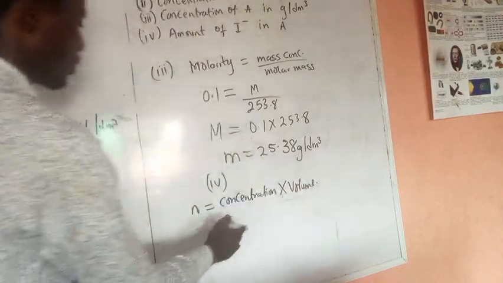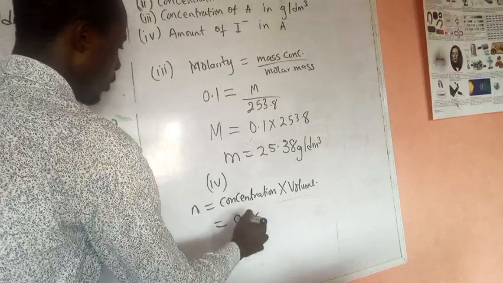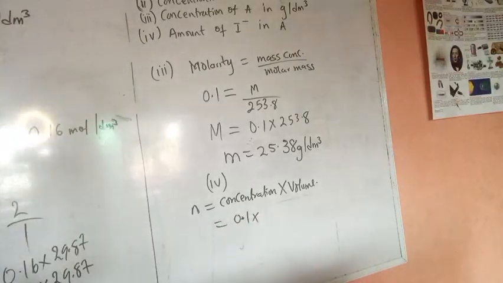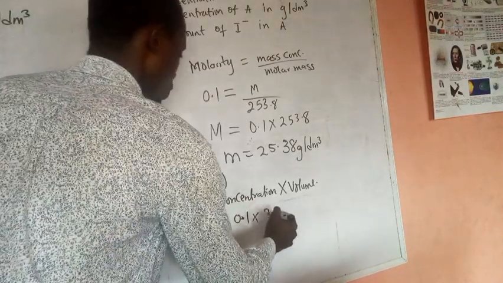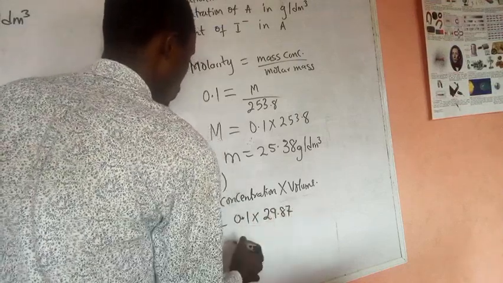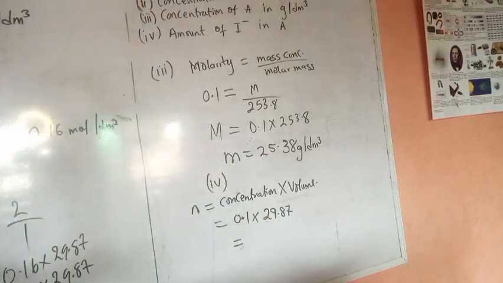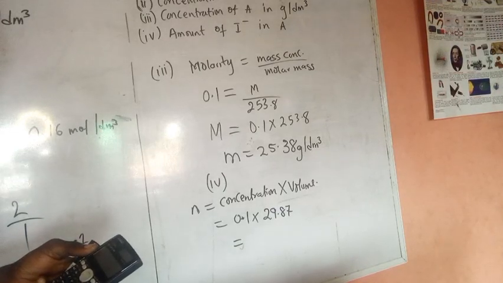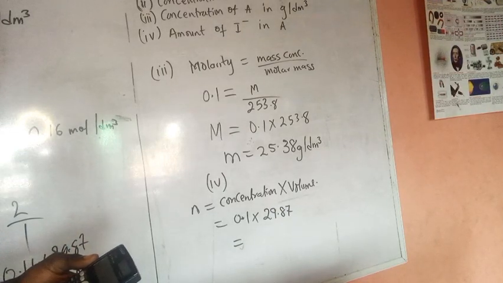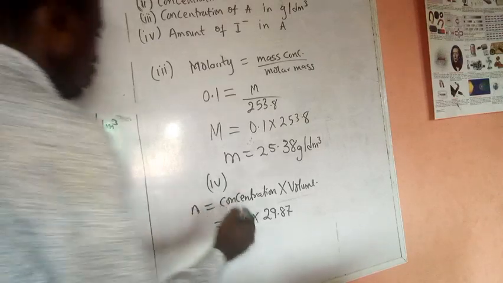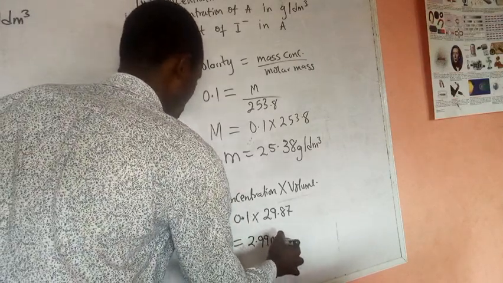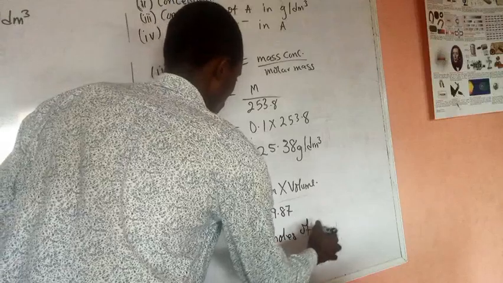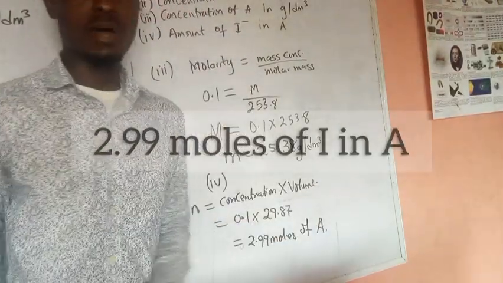So now we've gotten the concentration to be 0.1, then the volume is 29.87. So our answer is going to be 0.1 times 29.87. So that gives us 2.99 moles of A.